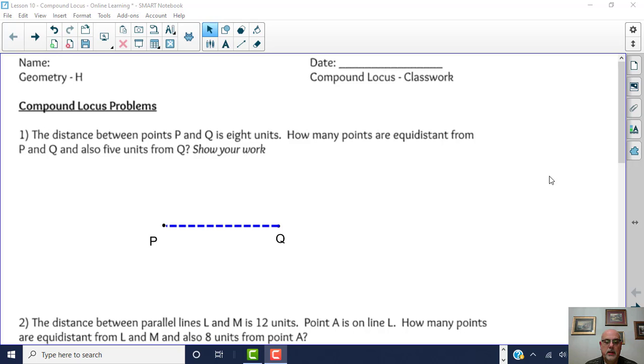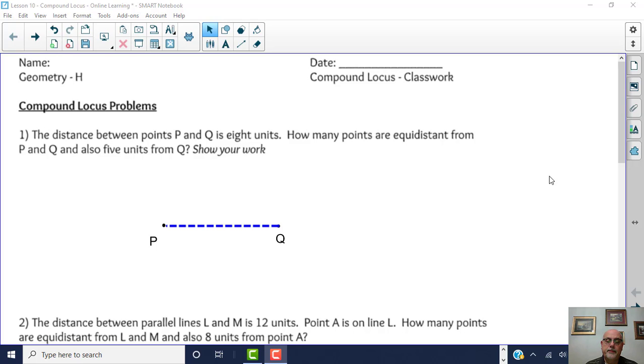When you're given 2 fixed points, your response to that is the perpendicular bisector of the line that joins those points. Now, in some of the problems, 2 fixed points could be 2 houses, 2 trees, or 2 rocks, so you have to use a little bit of imagination, but those really are the same 2 fixed points.